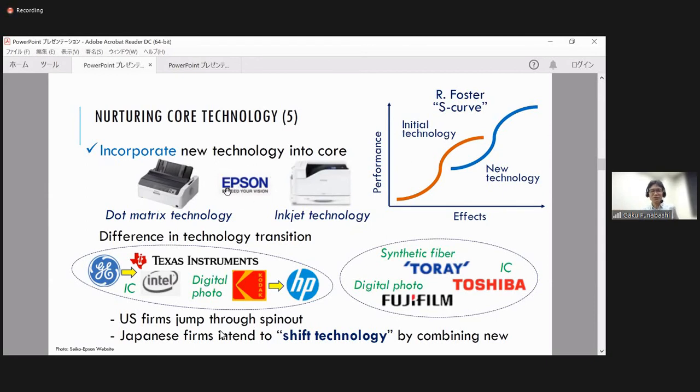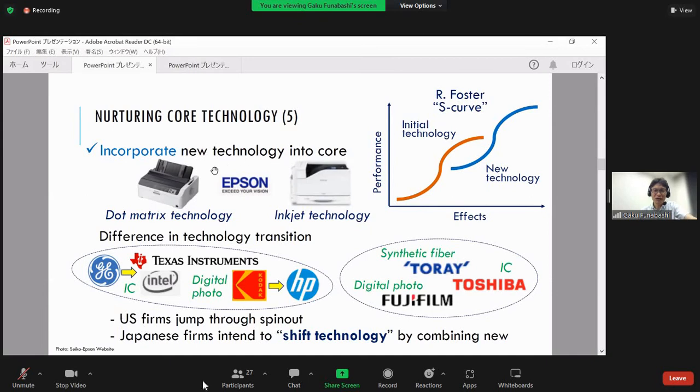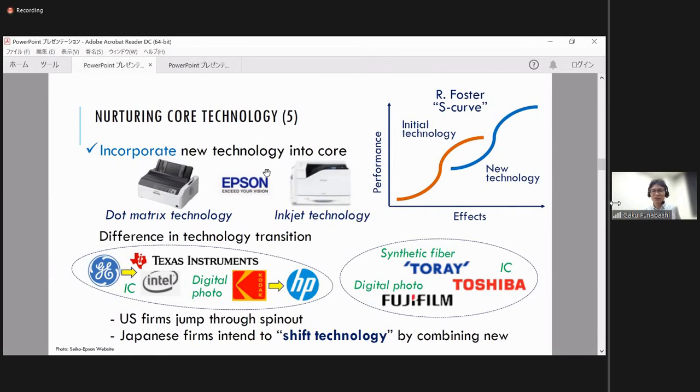But when Epson developed inkjet technologies, they didn't just abandon this dot matrix technology. They added new technologies to the dot matrix technology, combined them, and later developed their own inkjet printer.